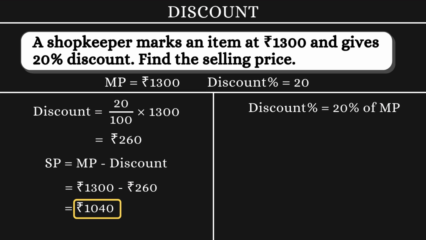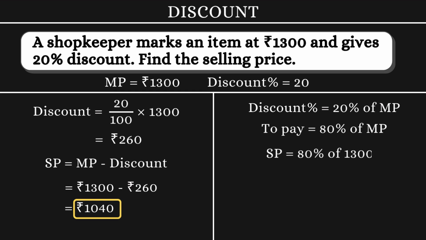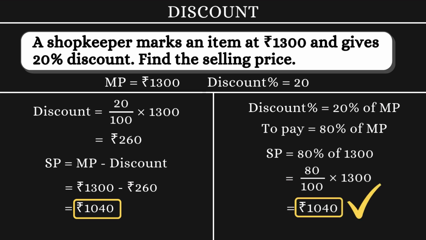So, the selling price will be the remaining 80% of the marked price, which is 80% of 1300. 80 by 100 into 1300 will give us rupees 1040. You can follow either one of these two methods.